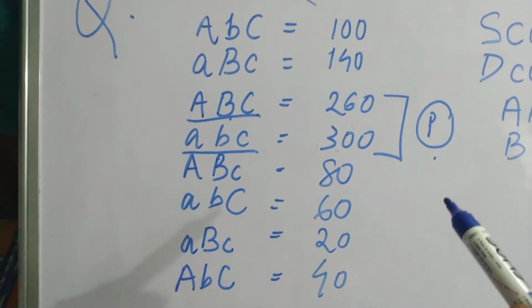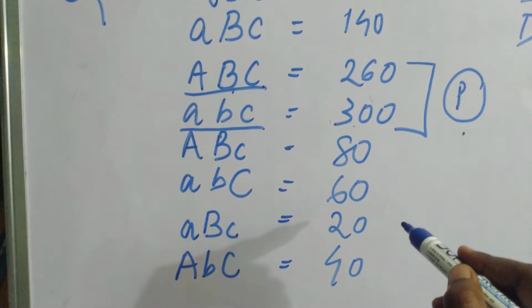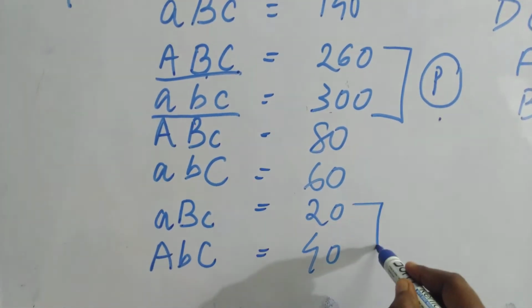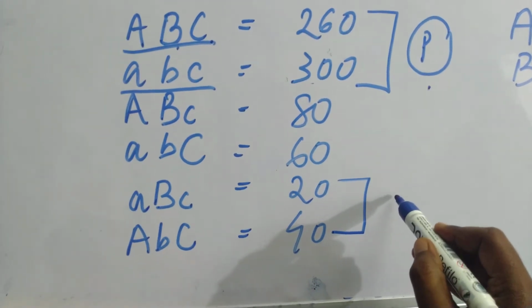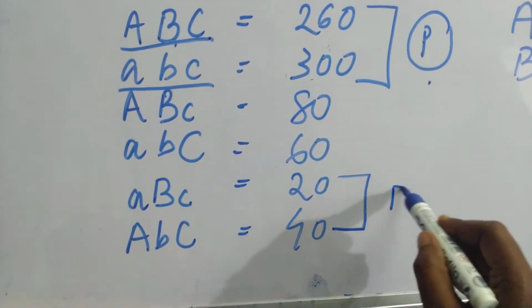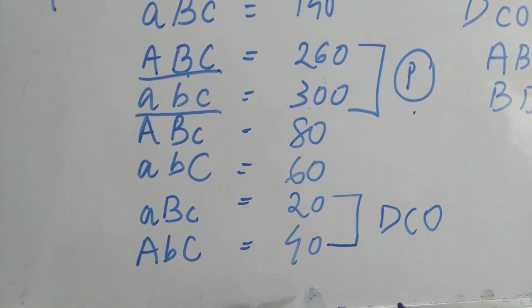Then find the smallest numbers, that is 20 and 40. These are the double crossing over.